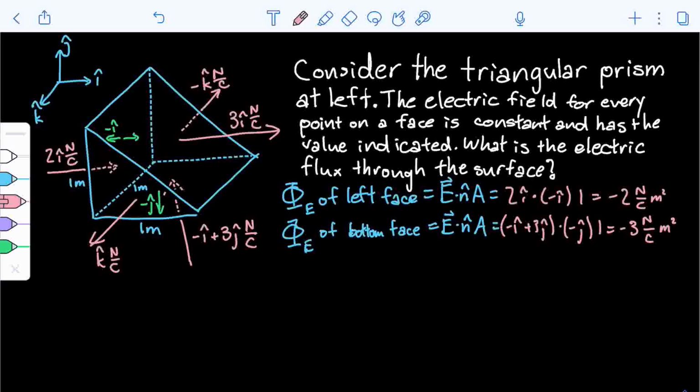Notice that these have been negative fluxes. That just means that the net electric field is going inwards in these cases. Okay, so 2 done, 3 to go.